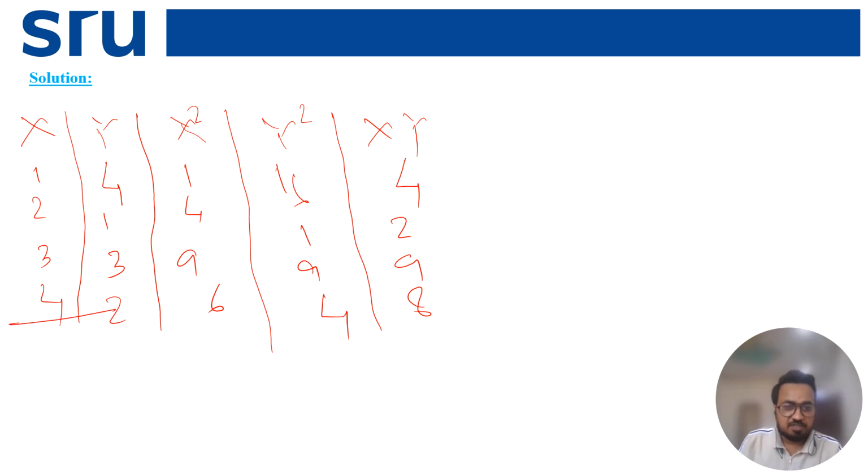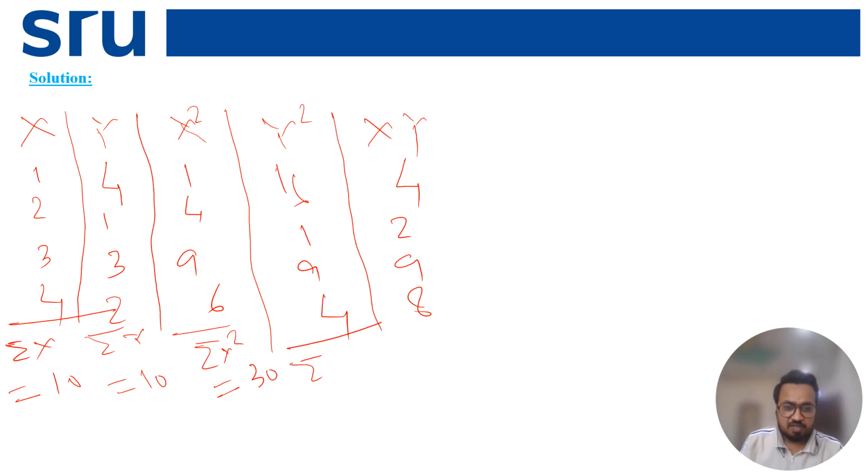Now what is the value of summation of x? The summation of x will be equal to 10. Summation of y will also be equal to 10, since 4, 1, 3, 2 add to 10, and summation of x square will be equal to what? 30.